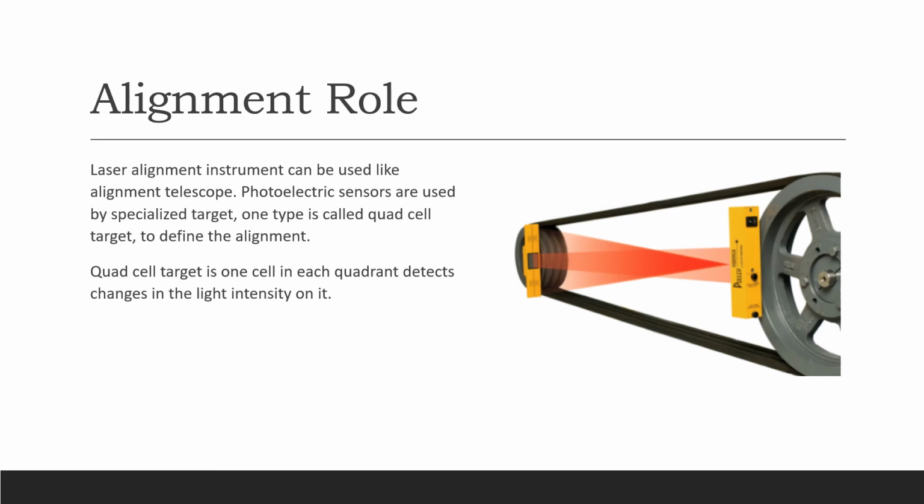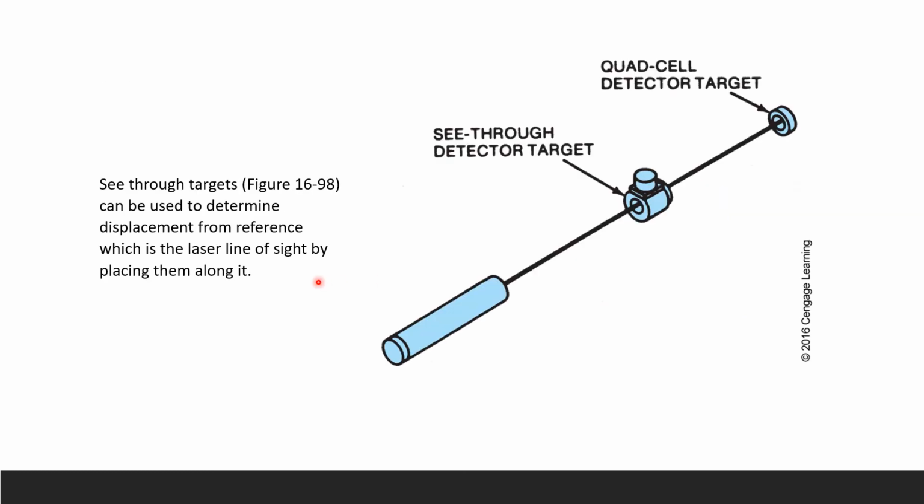That's why we call it the quad cell target. The target is needed to define the alignment of your laser alignment instrument.